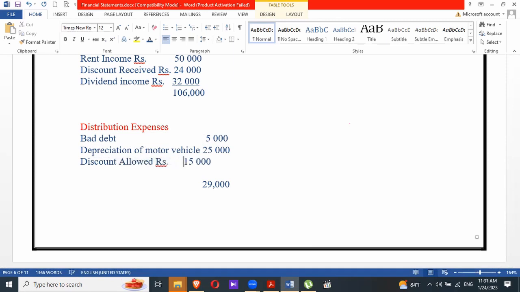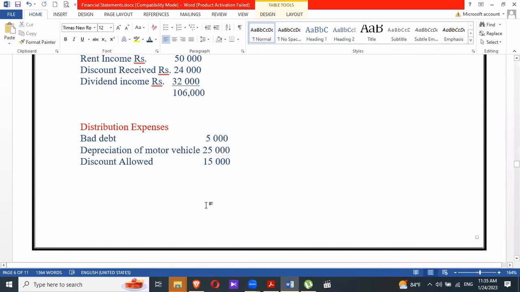Altogether, these 3, right? 5,000, 25,000. Summation of distribution expenses, bad debt, depreciation of motor vehicle, discount allowed, and discount allowed 15,000 altogether. Right?